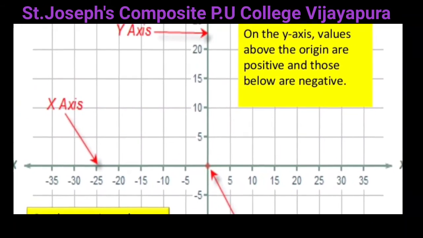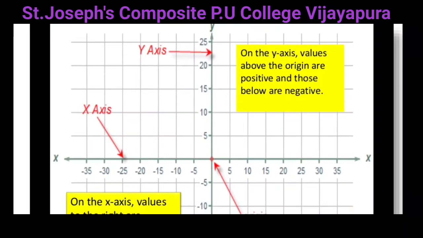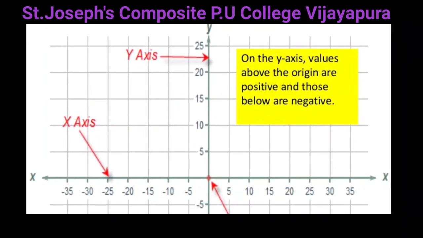Similarly, the vertical line above the origin is positive. See 5, 10, 15, 20, and so on, these all are positive. So this is called the positive y-axis, where the values are also positive.